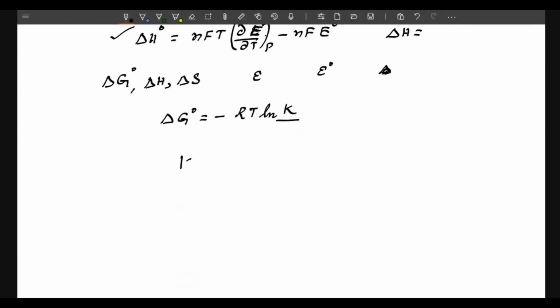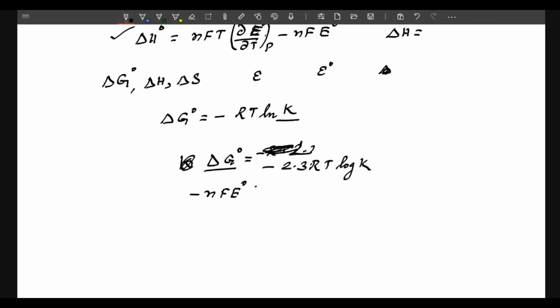You can rearrange this: delta G naught is equal to minus 2.303 RT log K. But delta G naught is also equal to minus nF E naught.